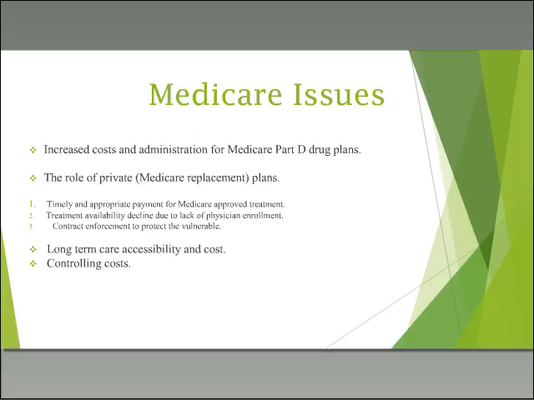Some plans have gone out of business because their payment was so low or untimely, or they were denying services that Medicare would have approved. So a lot of physicians would disenroll or not re-enroll at the end of the year, and so there weren't doctors to provide care for those patients that were under that plan. Contract enforcement is needed to protect the vulnerable.